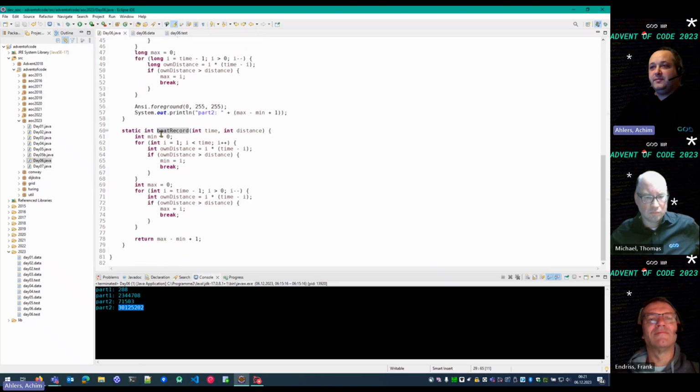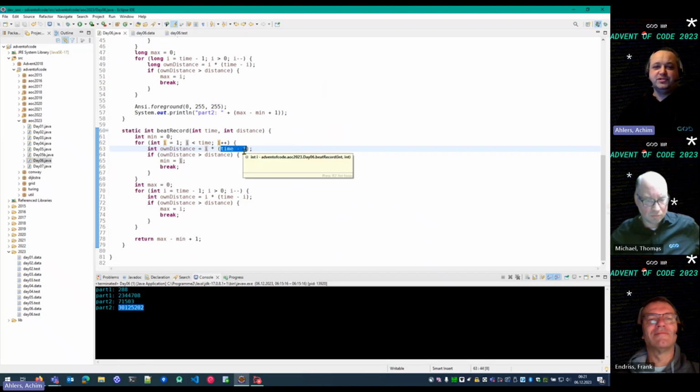And here I have the method. I start at pushing the button 1 millisecond because I know if I push it 0 milliseconds, the thing doesn't move, so it's not very interesting. And calculate the distance by the number of milliseconds I push the button and the remaining time.